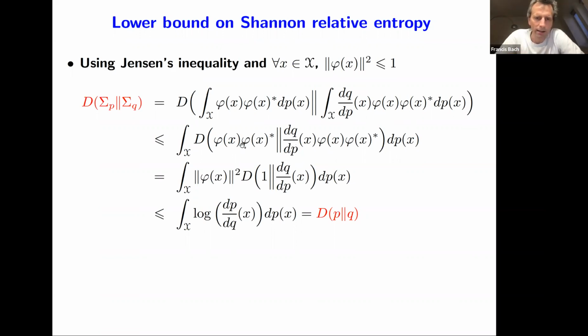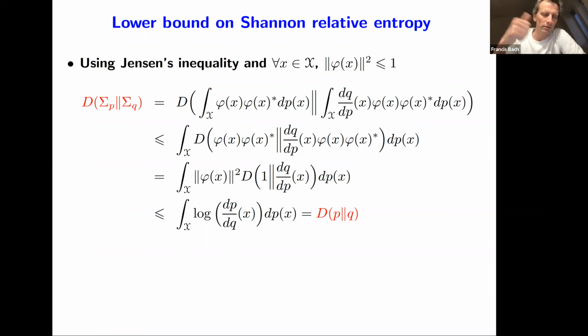And now what you have here is a rank 1 operator, here also a rank 1 operator with exactly the same low rank, so the same eigenvector. It has an eigenvector along phi of x, and this is the same one. And this means that you can compute this entropy directly by computing all eigenvalues.